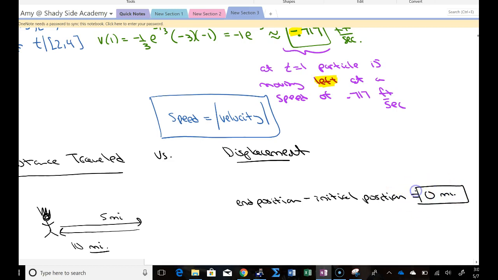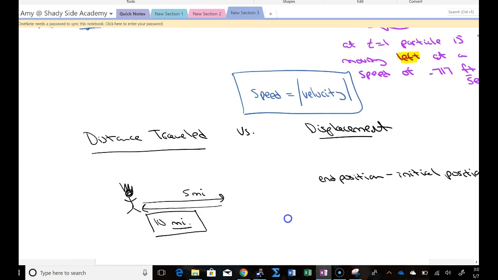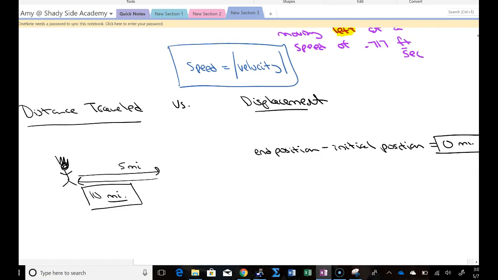Okay? Now, when does it matter? When will distance traveled and displacement be the same number? Well, in the event that you are traveling and you never change direction, then your displacement will equal distance traveled. Am I right? Let's see.